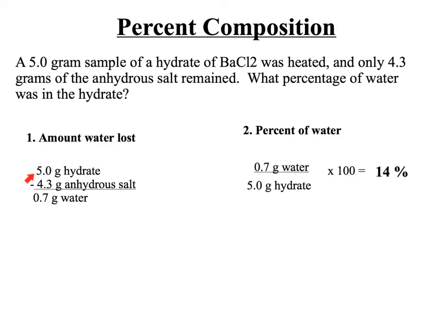So we start off with 5 grams of hydrate. We end with 4.3. We subtract 5 and 4.3. We get 0.7 grams was water. 0.7 grams divided by 5 grams of the total sample will give us our percentage, that of that 5 grams, 14% was water.